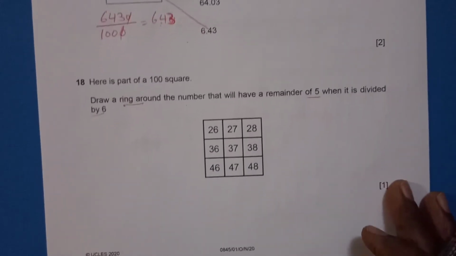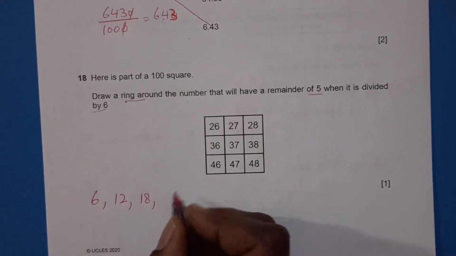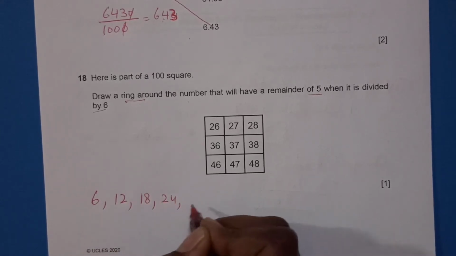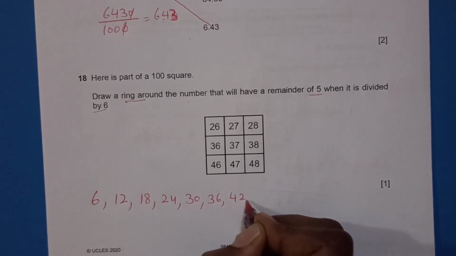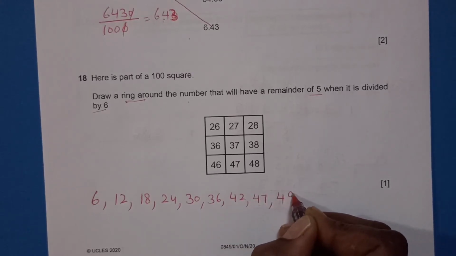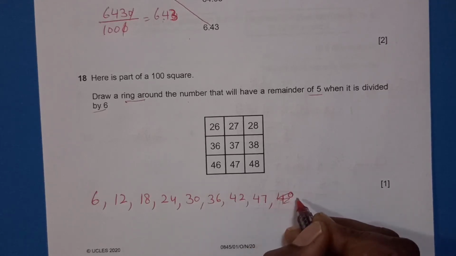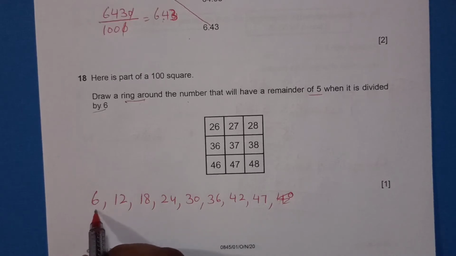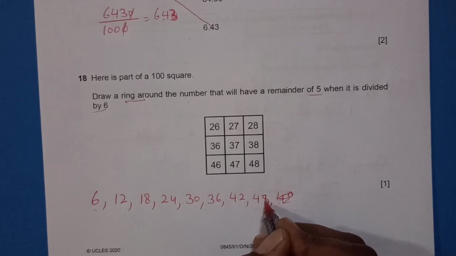6, let me write down here. 6 times 2 is 12, 6 times 3 is 18, 24, 30, 36, 42, plus 6, it should be 48. Sorry.